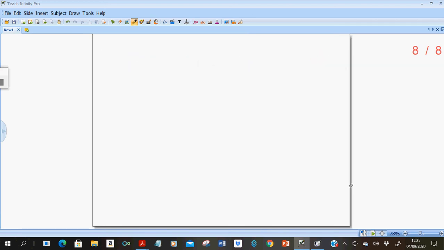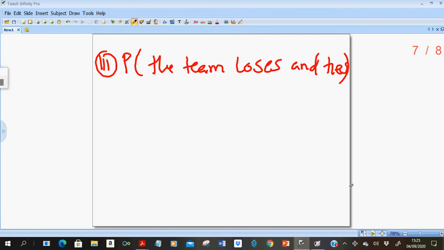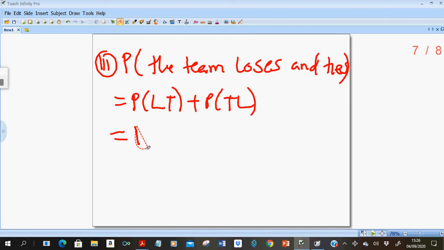Okay, so this is just the probability of that and that, which is just 0.3 times 0.1 plus 0.1 times 0.3. And this gives us 0.06.